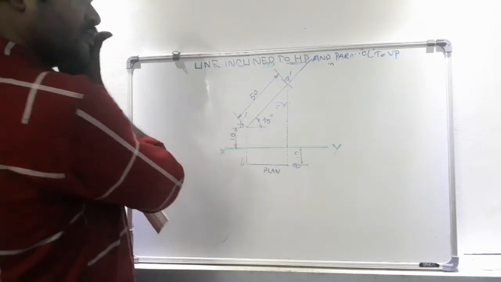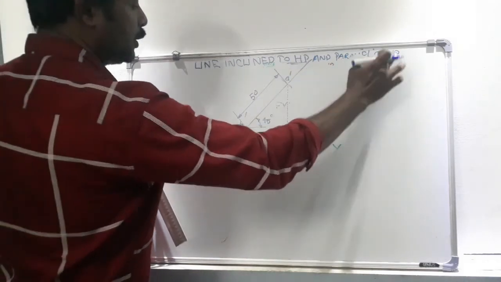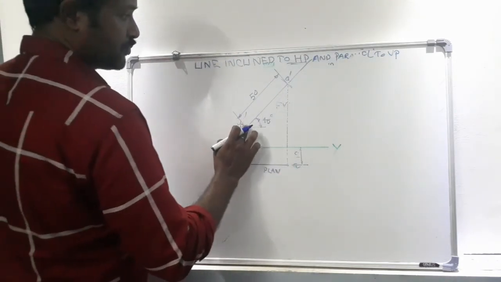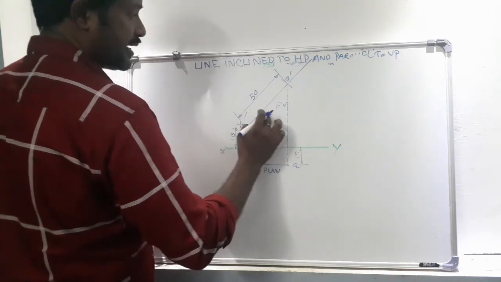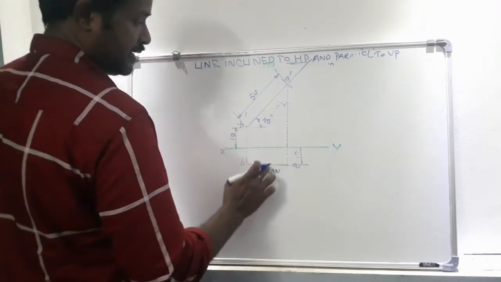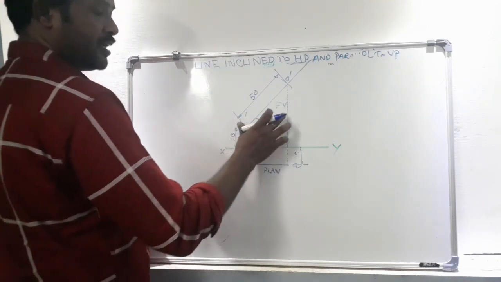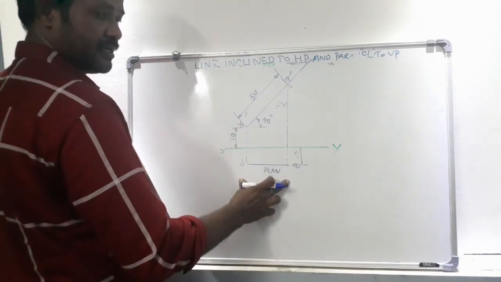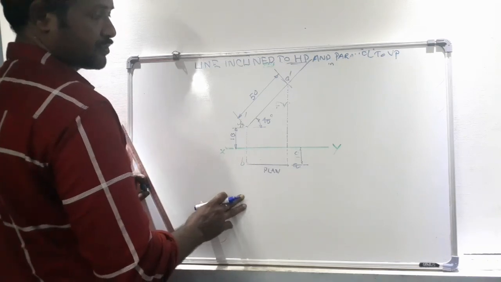Now in the case of a line which is inclined to HP and parallel to VP, in our front view the line is inclined with respect to HP, and in our plan we get a straight line. That means in our front view we get an inclined line, whereas in our plan we get a straight line. Okay.